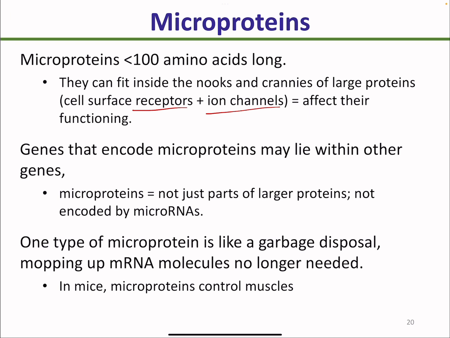And by binding to these proteins, they are going to interfere with their function. And this is what we call post-translational regulation. But post-translational regulation is much more complex than what I'm just saying. We're going to see that a little later.